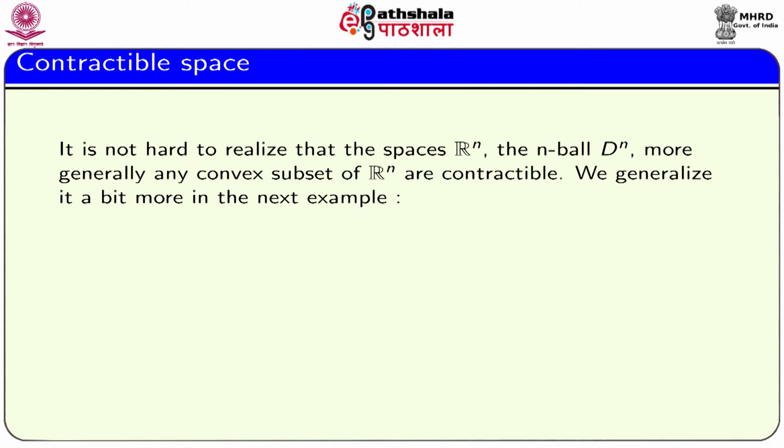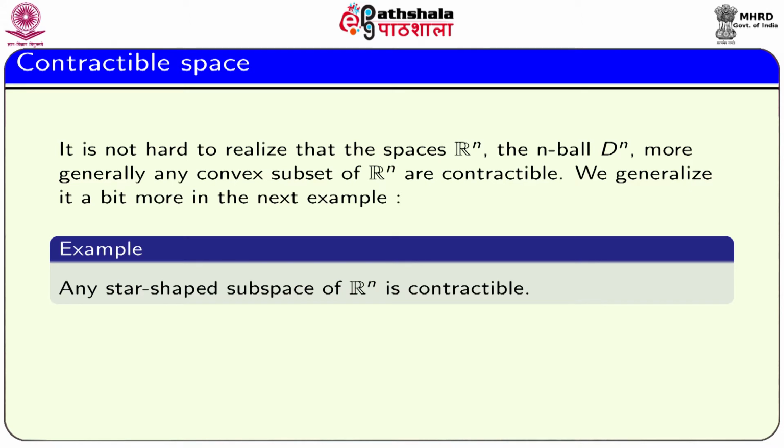It is not hard to see that Rn is contractible, the n ball in Rn is contractible, which is definitely a convex subset of Rn. In fact, any convex subset of Rn is also contractible. So we generalize it a bit more in the next example. If we take any star-shaped subspace of Rn, then it is contractible. Now, what do we mean by star-shaped subspace?